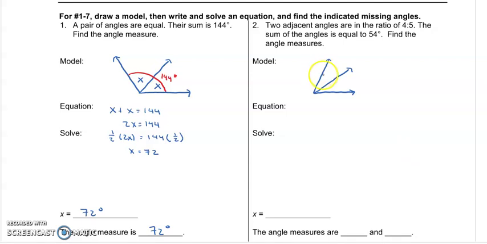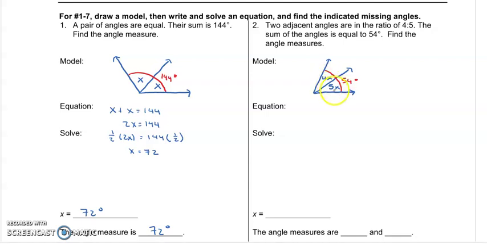So if I say that one of my angles is 4x, then the other angle is 5x. It has that 4 to 5 ratio. I also know that altogether those angles have to be 54 degrees. So that lets me see what my equation is going to be.